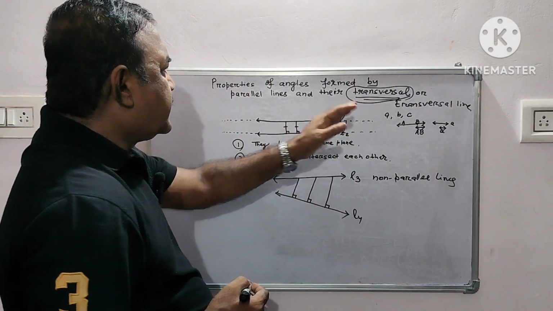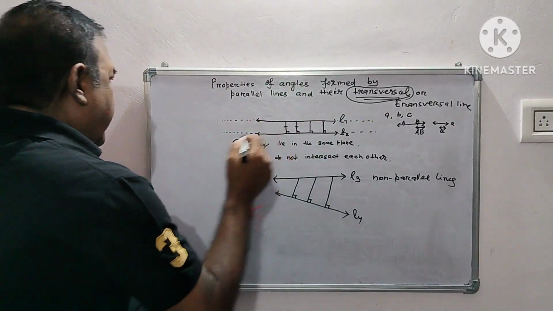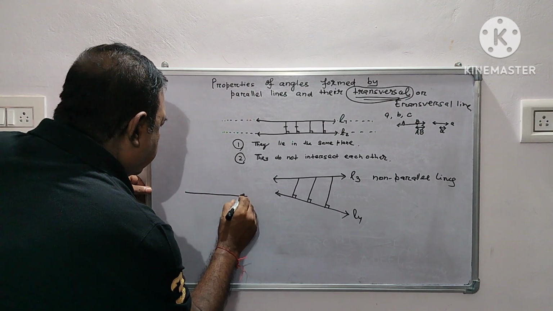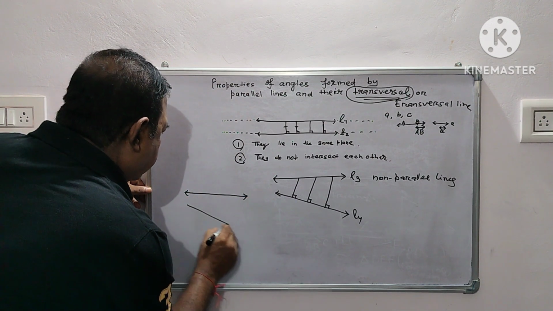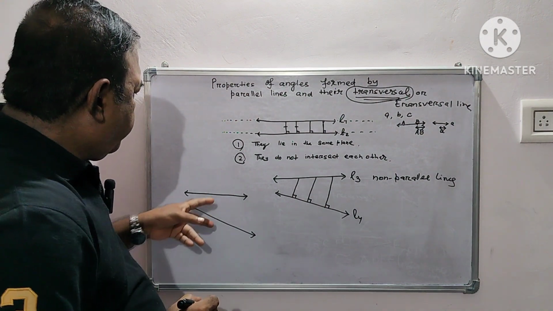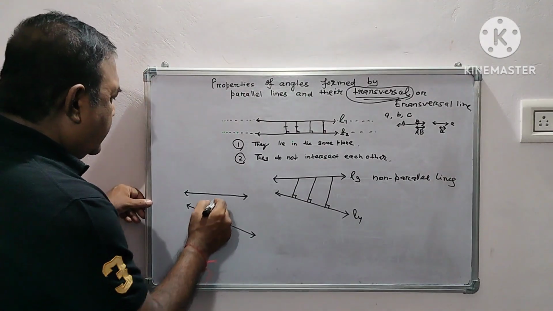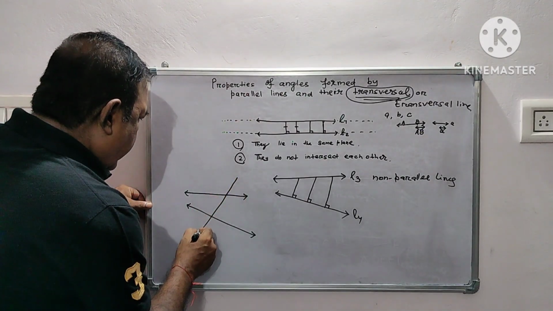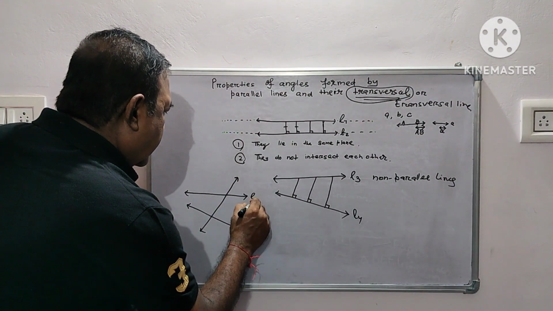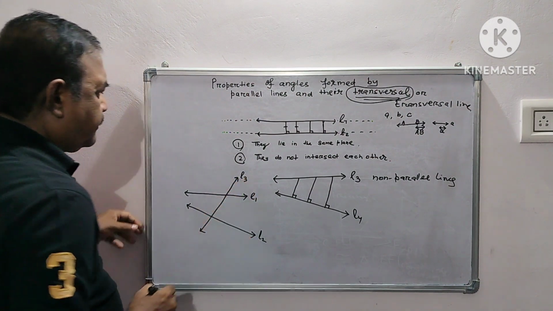So we'll discuss now about transversal line or transversal. What does it mean? You see, suppose I represented two non-parallel lines, and if it is cut by a line, let it be L1, L2 and it is L3.